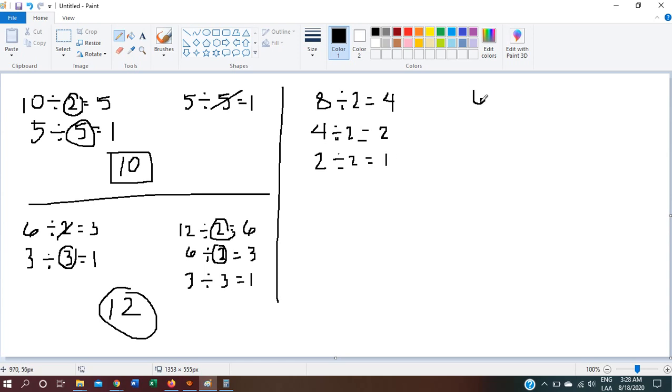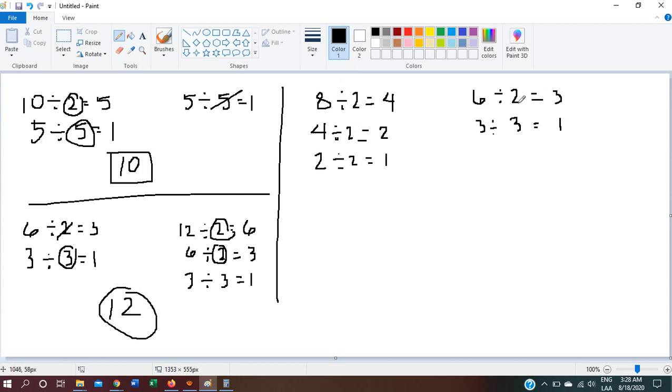Okay, and the other number is 6. 6 divided by 2 equals 3, and 3 divided by 3 equals 1.